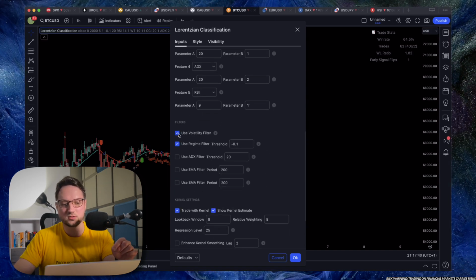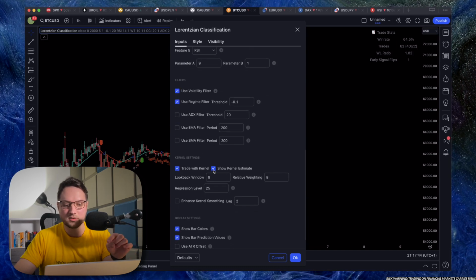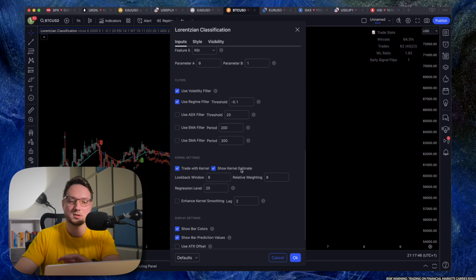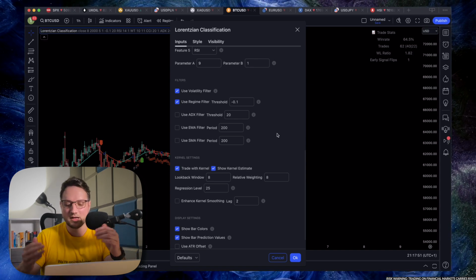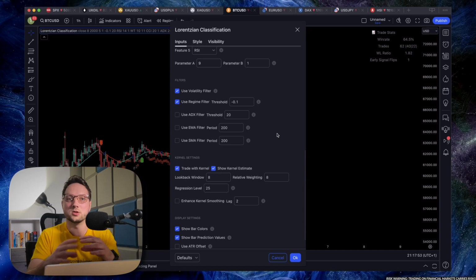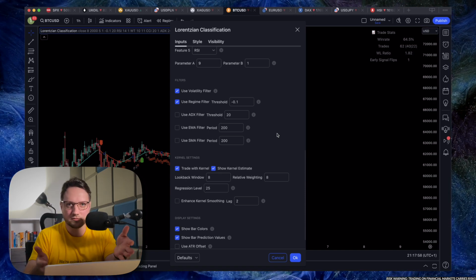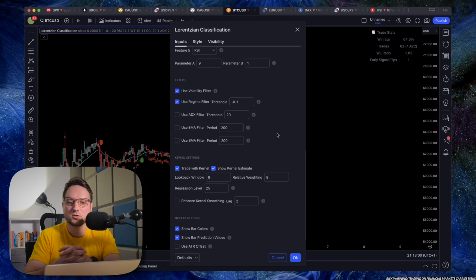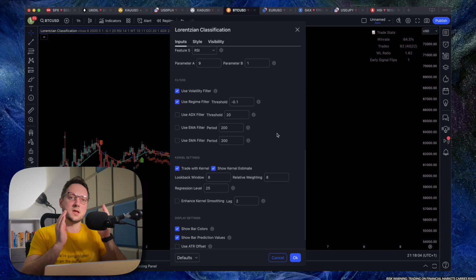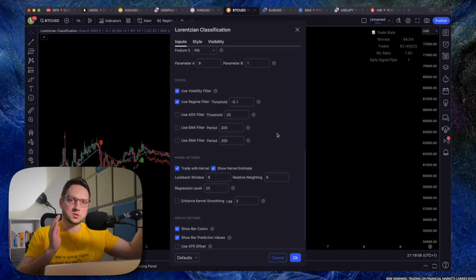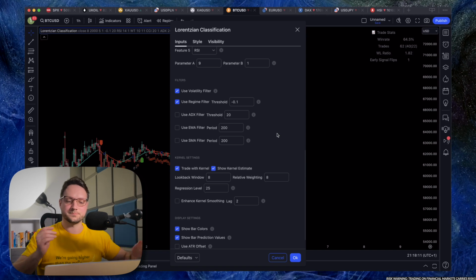Then you have additional filters, volatility filters, the kernel estimate, and so on. It is based also on machine learning, which is basically the foundation of AI, and it learns itself from the chart. So you can use it in the free version of TradingView, but it is slightly better if you have the paid version, because then you have a much bigger history of the chart, and therefore the indicator has more data to learn from.